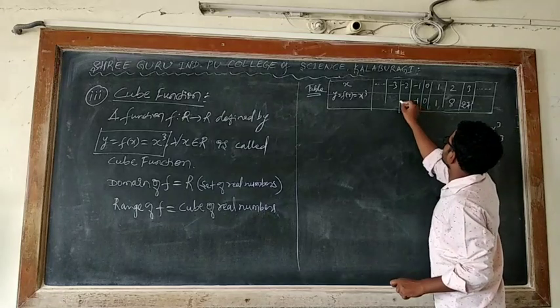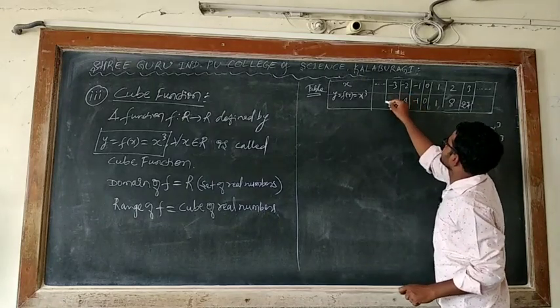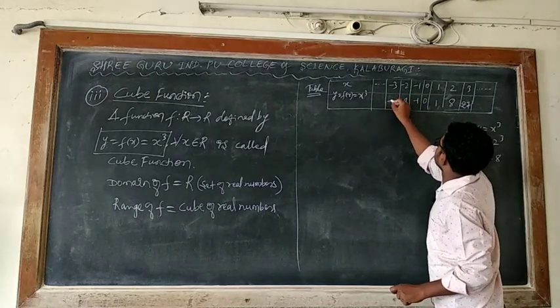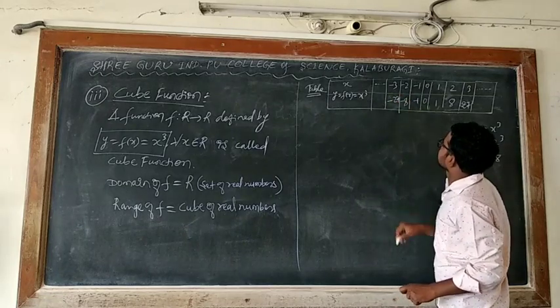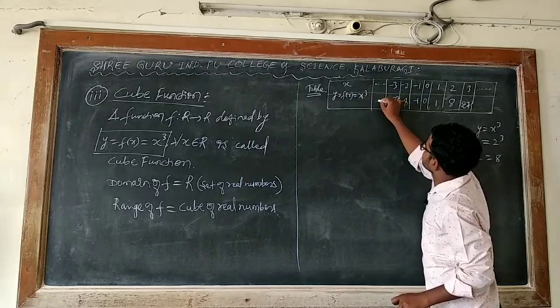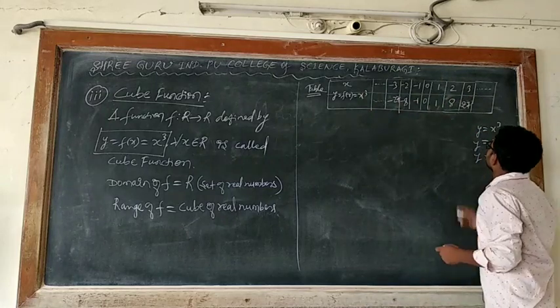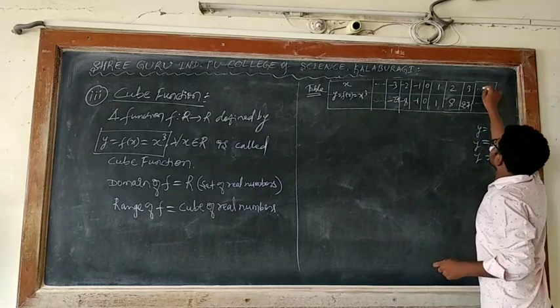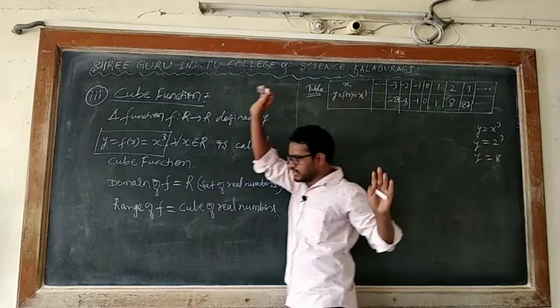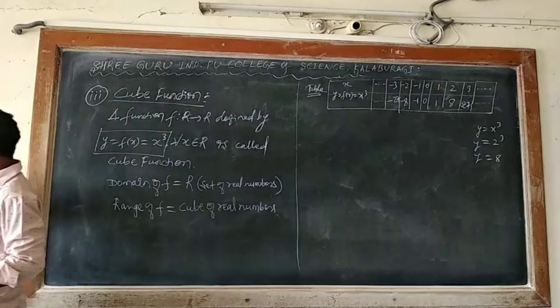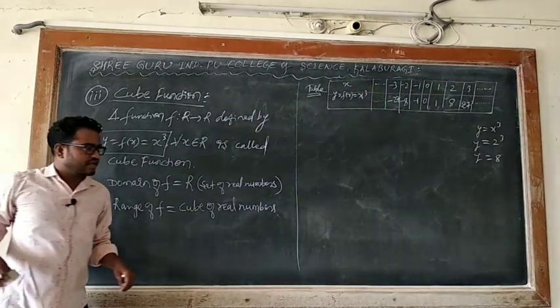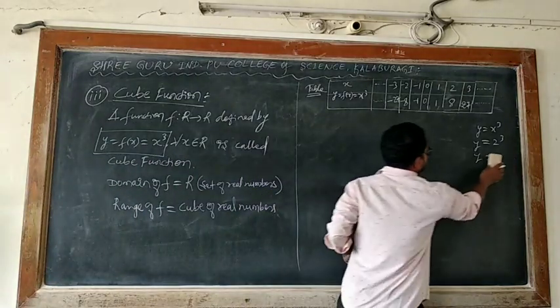Minus 2 cube is minus 8. Minus 3 cube is minus 27. If you want, you can write dot dot dot, but these numbers are enough. You can take any number, and you will get its cube. Set of real numbers means you will get the cube of the real numbers.